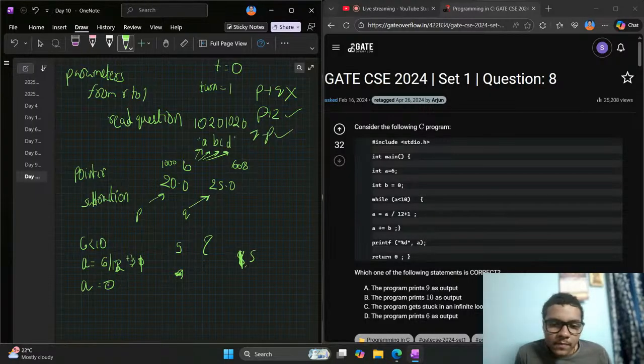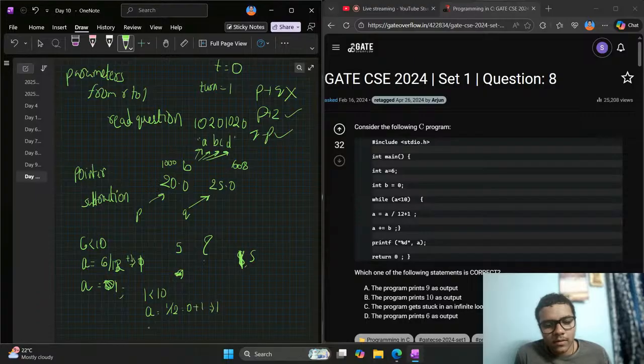And A is equal to 1 again. So 1 is less than 10. And now A is equal to 1 by 12, that is 0. Oh, wait. 1 by 12, that is 0 plus 1.